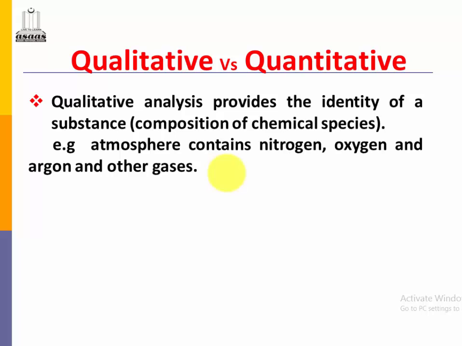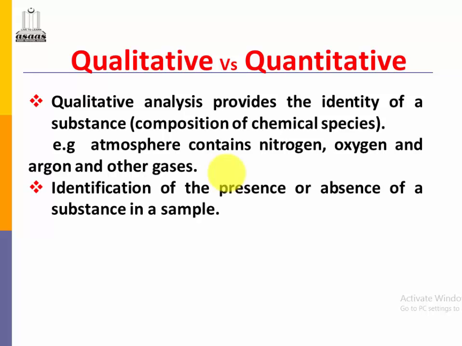Now we will discuss the difference between qualitative and quantitative analysis. Qualitative analysis provides the identity of a substance or composition of a chemical species. For example, when we study a sample of the atmosphere, it contains the components which are nitrogen, oxygen, argon, and other gases. So in qualitative analysis, we just identify the components.